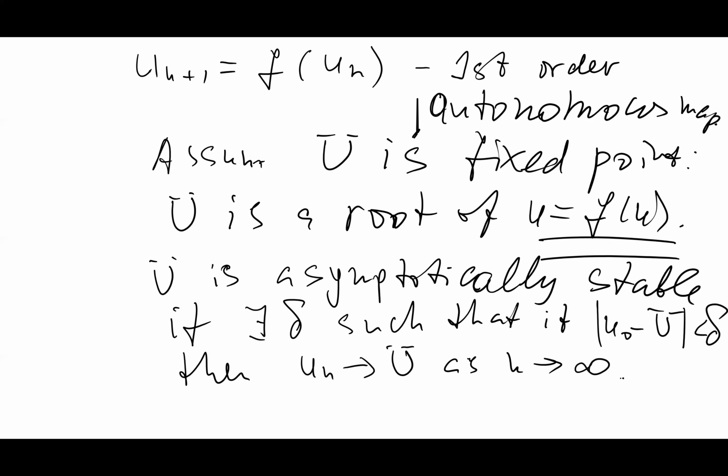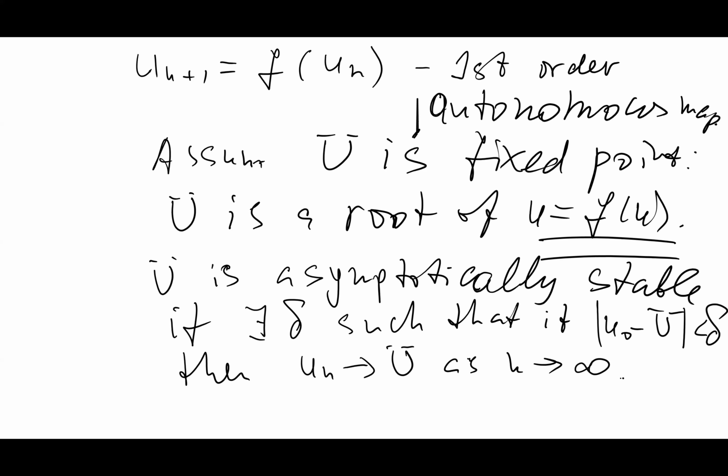So in this case, U capital is called asymptotically stable. This means that there is a neighborhood of U capital such that if U_0 is inside of this neighborhood, then our solution will converge to U capital.